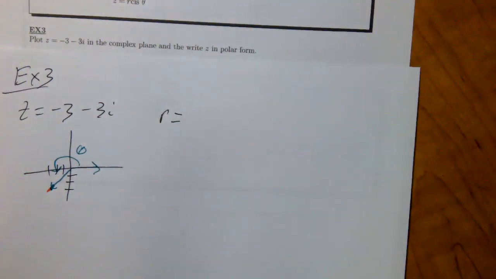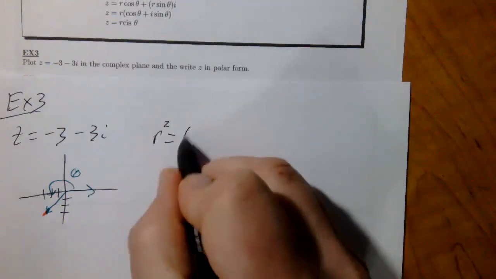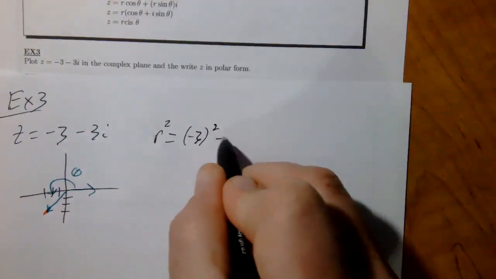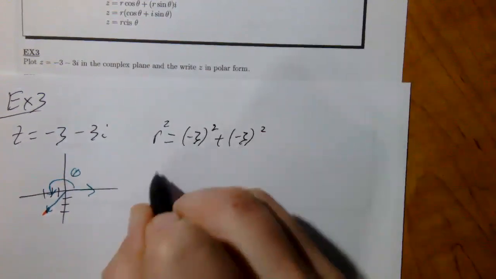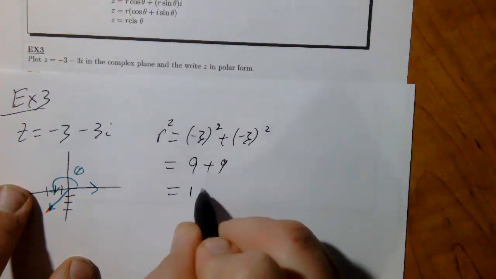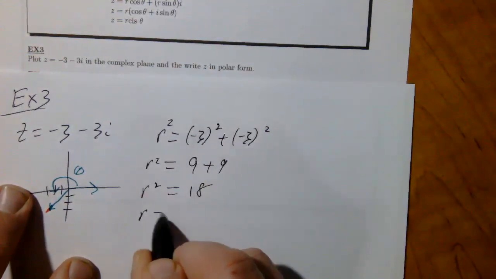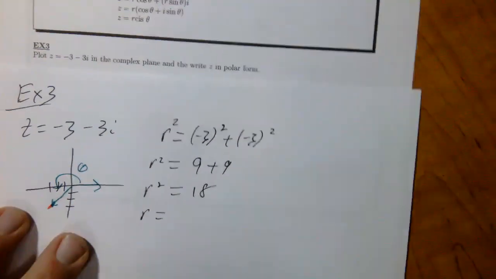So the r is kind of like the absolute value, right? Or think of it maybe as r squared is going to be the -3 squared plus the -3 squared, right? So this is going to be 9 plus 9, which would be 18. So r squared would be 18. So then r would be the square root of 18.